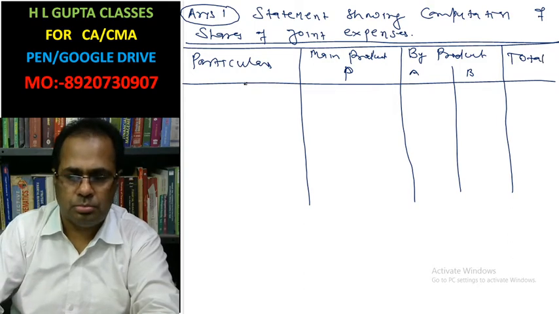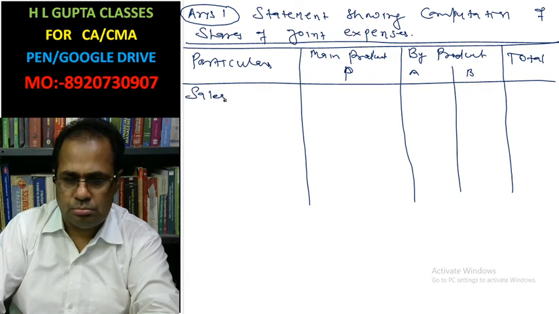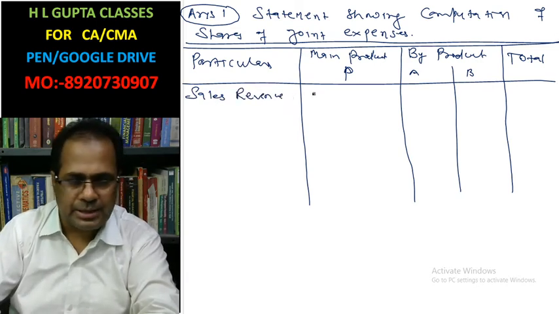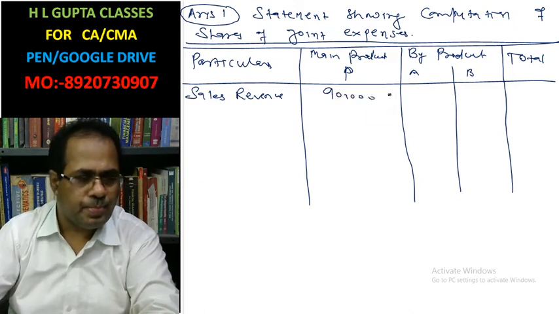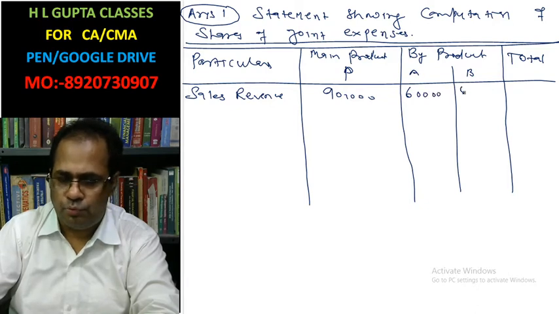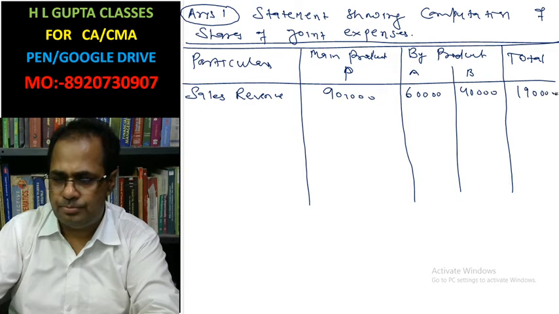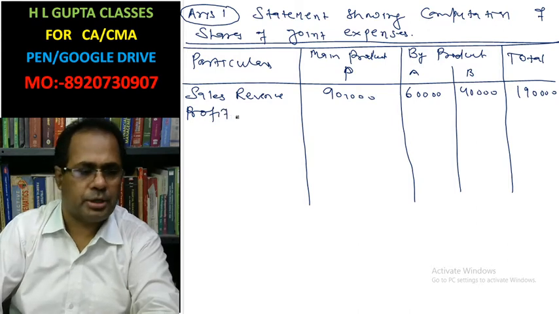Look at it. Sales revenue: $90,000, $60,000, $40,000, total $1,90,000.